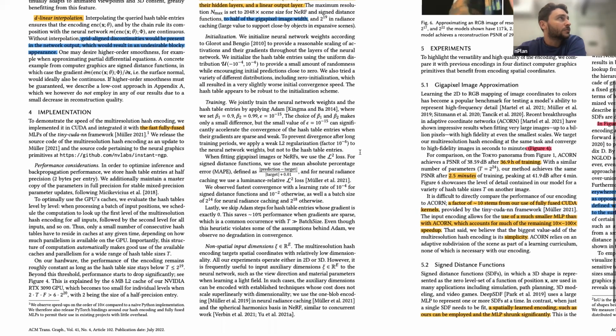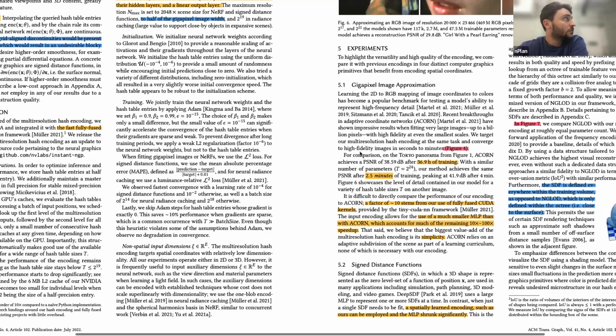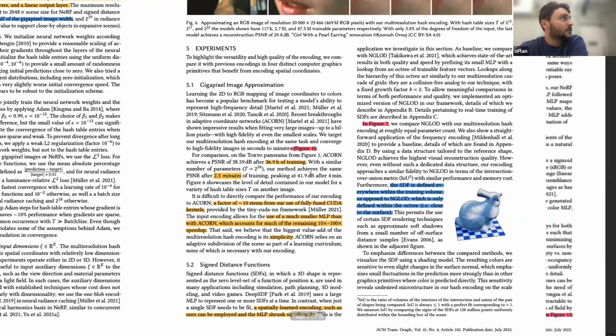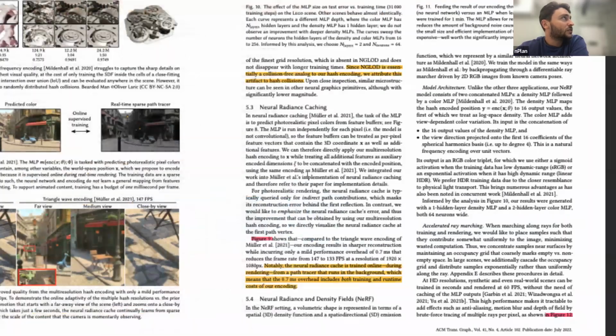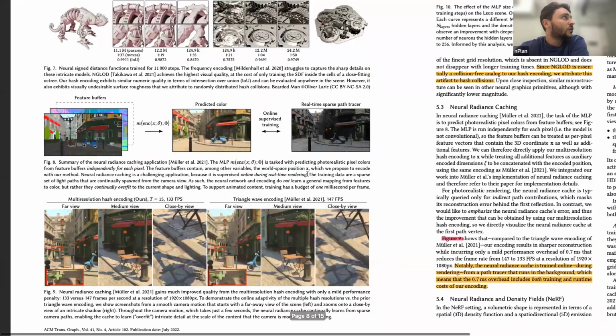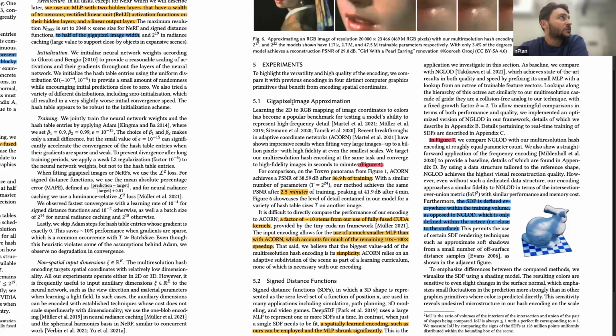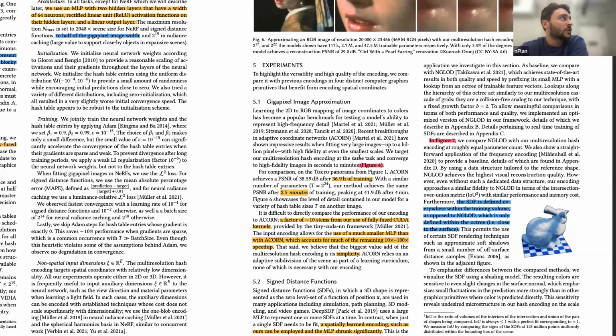Okay, so let's get into the experiments because there's a lot of cool different pictures. So the first one is gigapixel image approximation. So can you store a representation of 1 billion pixels in a smaller representation? And they compare their method to Acorn, which is a state of the art method for this task.